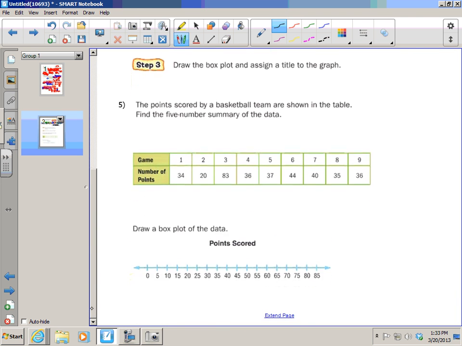And the last one, we're going to do one more box and whisker plot. Points scored by a basketball team are shown in the table, so we're going to put them in order from least to greatest.